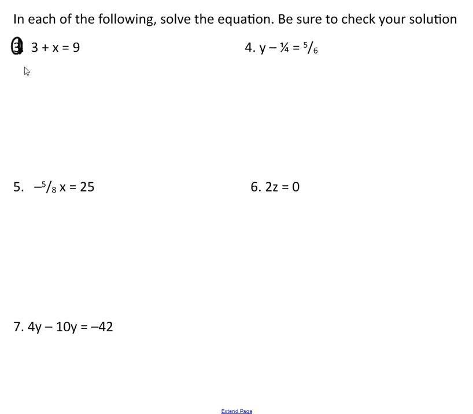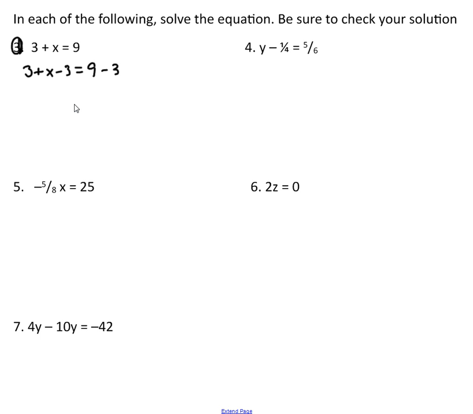We get an equivalent equation. So saying 3 plus x in this equation, if we subtract 3 from the left-hand side and subtract 3 from the right-hand side, we are in effect balancing the equation.